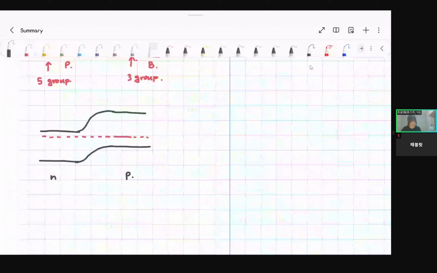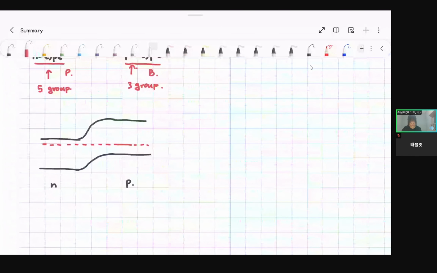The P-type semiconductor and N-type semiconductor are combined, and by combining this, the gap is made, and by this gap we will control the current flow.